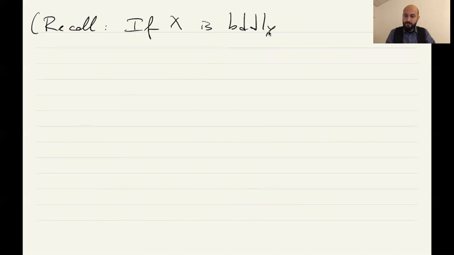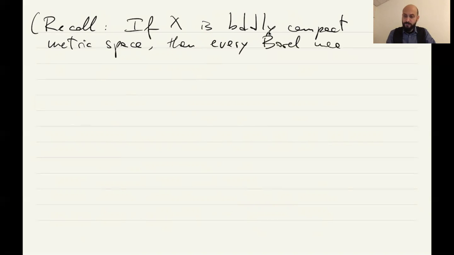So let me recall also this fact: if X is a boundedly compact metric space, then every Borel measure that is finite on compact sets is regular.